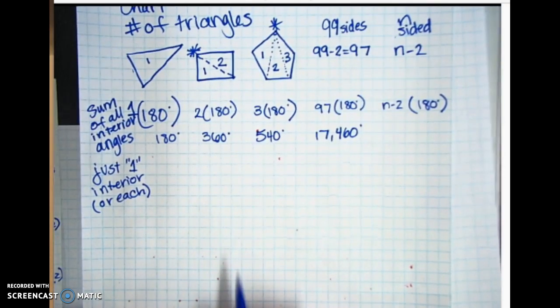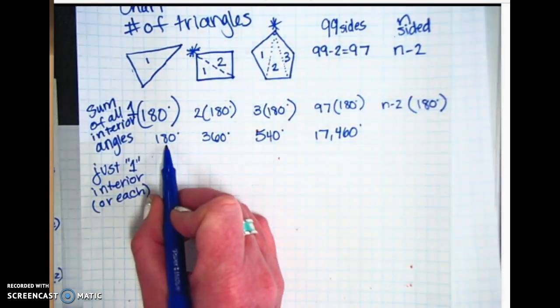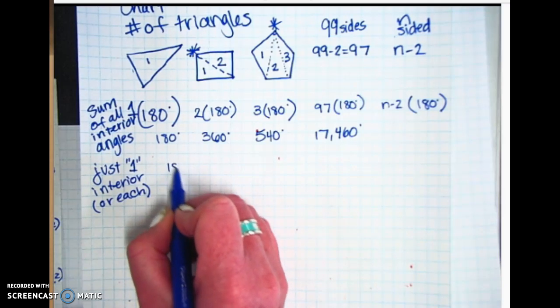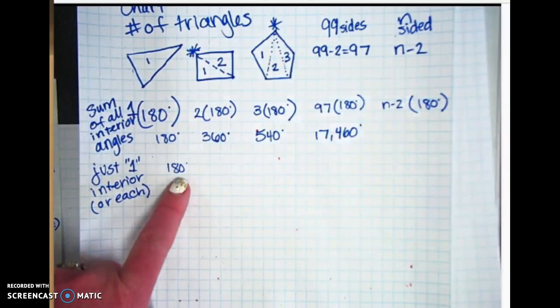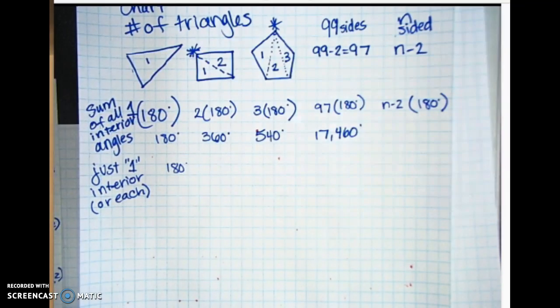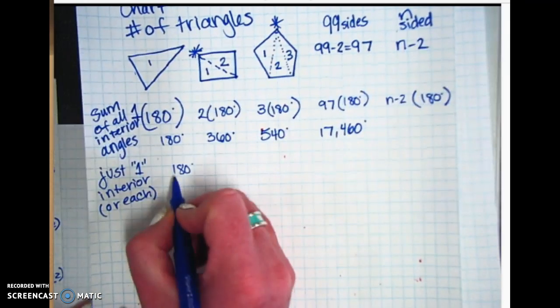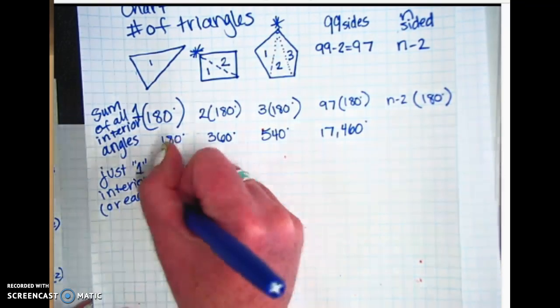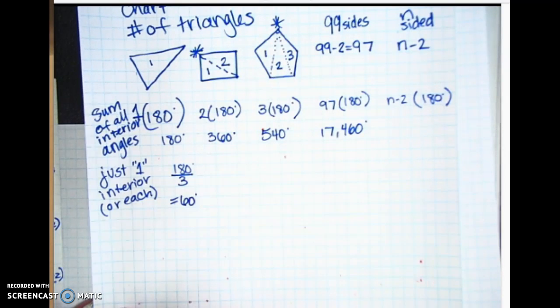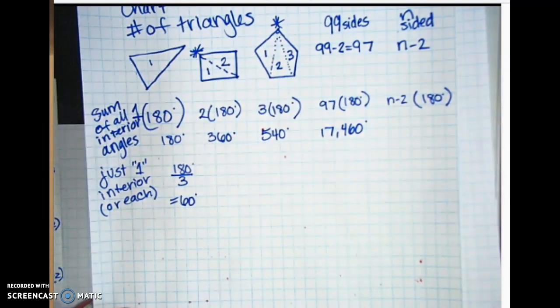So, if the total degrees, and we'll go back to the triangle, is 180, and we have 3 vertices, how many is each of them going to be? We have to divide it up equally, right? By the number of angles. So we take 180 and we divide it by 3, we get what? 60. Right? On an equilateral triangle, it's 60, 60, 60.